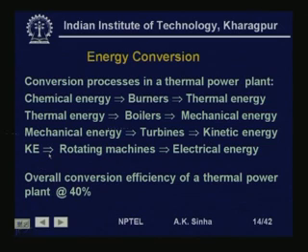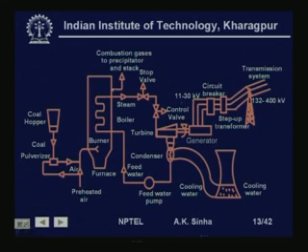The kinetic energy of the rotation is converted into electrical energy in the rotating machines, which is mostly a 3-phase synchronous machine, and the overall conversion efficiency of the thermal power plant is about 40% only. If we see here, 10% goes out here and almost 50% goes out here. So, what we get out here is only around 40%.